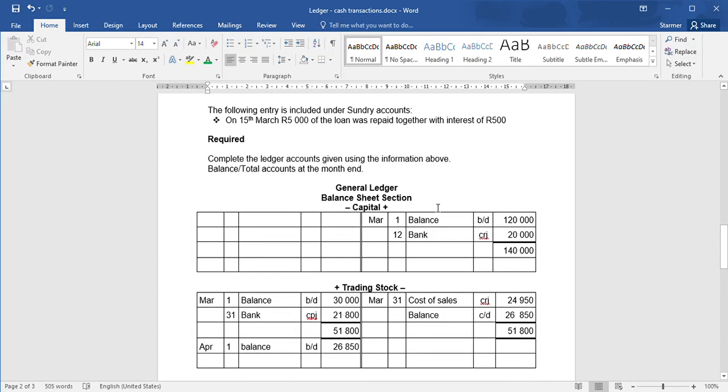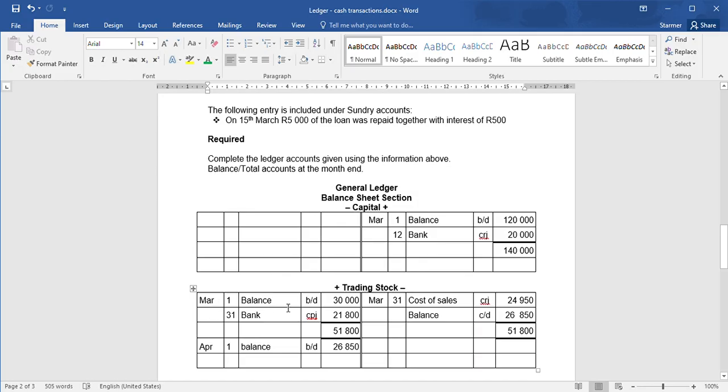Alright, so the first account you come to is capital. Capital is minus plus. So on the 1st of March, you have a balance brought down, which is 120,000. You can remember it's BD because we are at the beginning of the month, which also starts with a B. Trading stock is next. That's an asset, so it's plus minus.